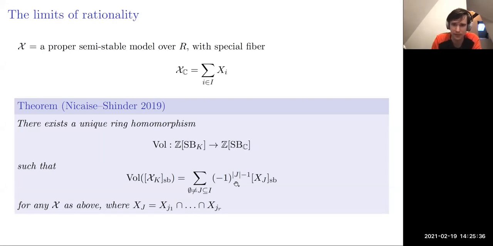So this is something that's defined over the special fiber, and it turns out that this is independent of the chosen model over R. Yeah, so this is a remarkable result because it relates a rationality problem over the generic fiber to that on the special fiber. So this will be maybe the crucial ingredient in the proof.